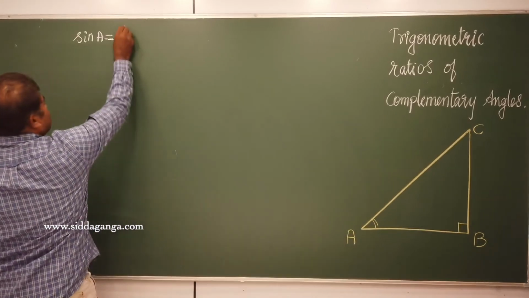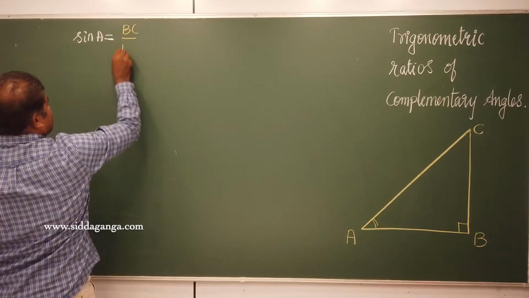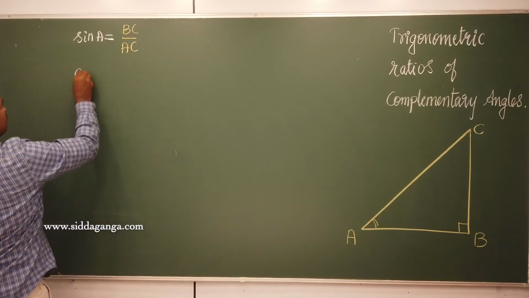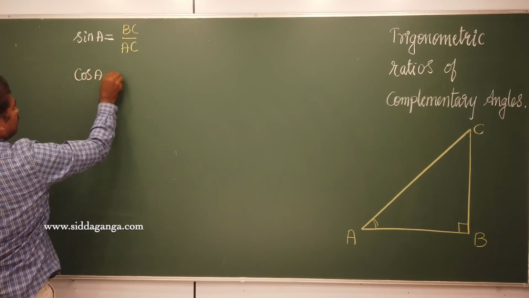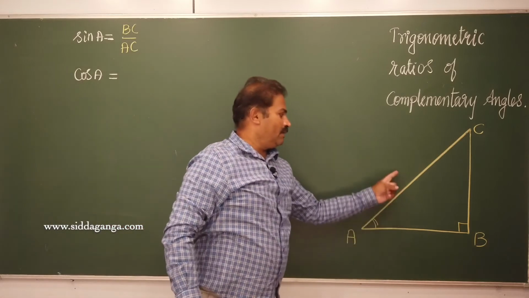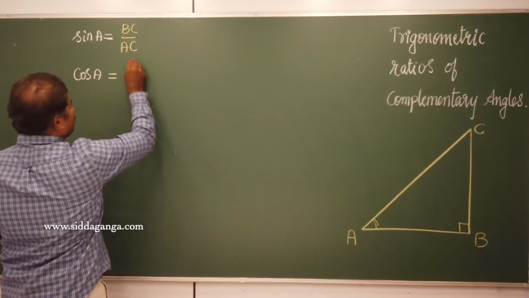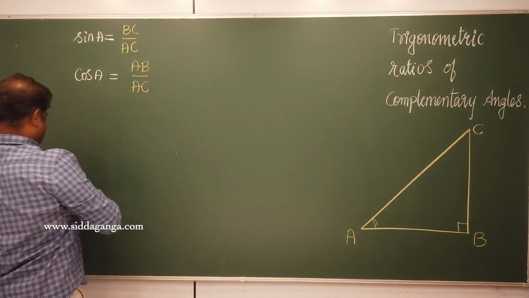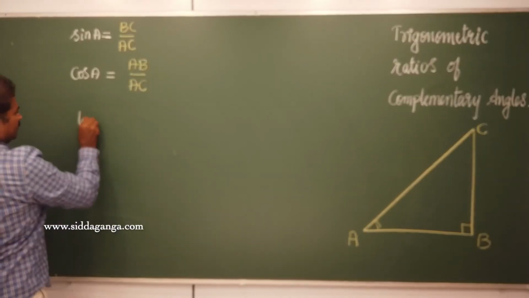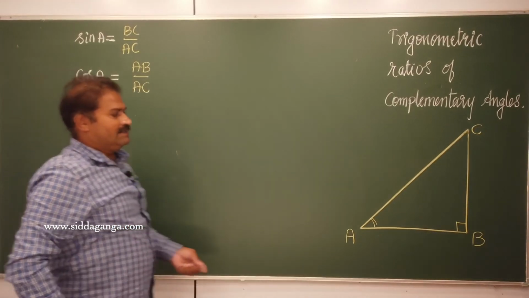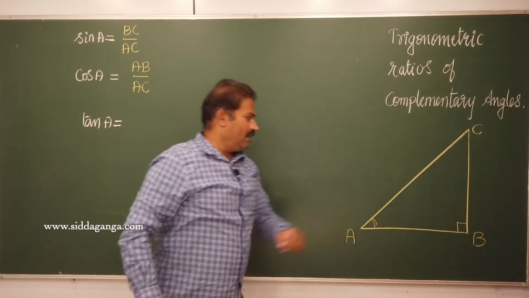So therefore, sin A is BC by AC. And what is cos A? Cos A is adjacent by hypotenuse, it is AB by AC. And what is tan A? Tan A is equal to opposite by adjacent, that is BC divided by AB.